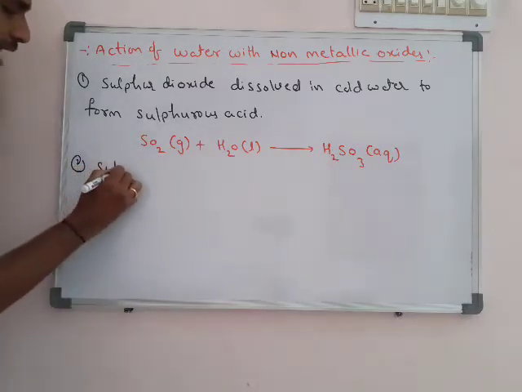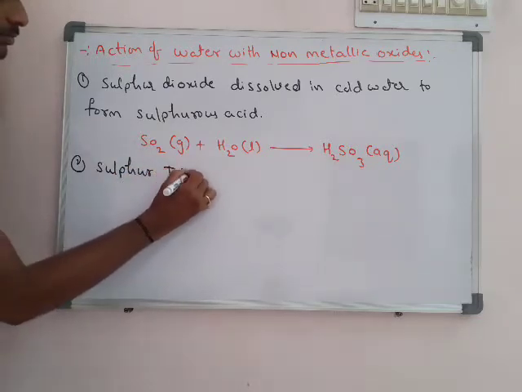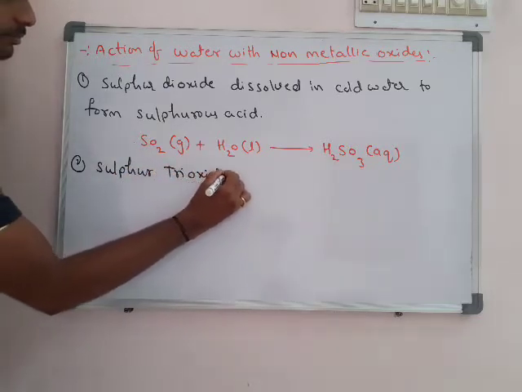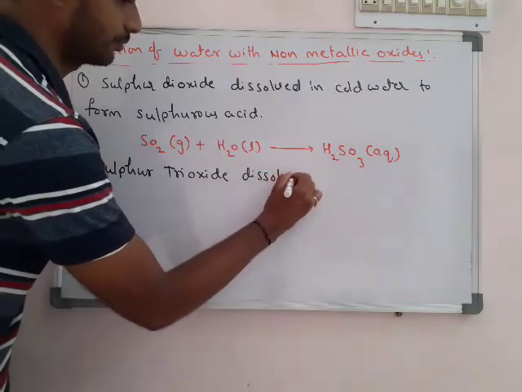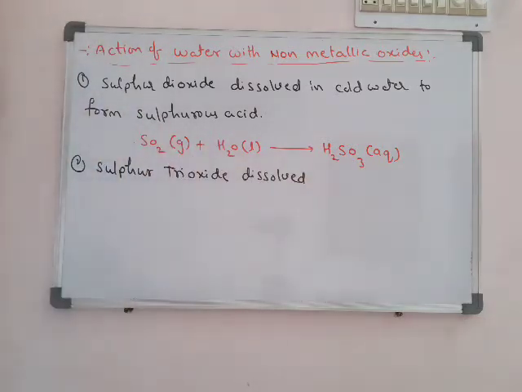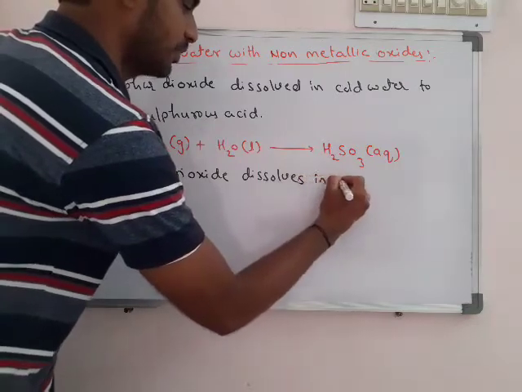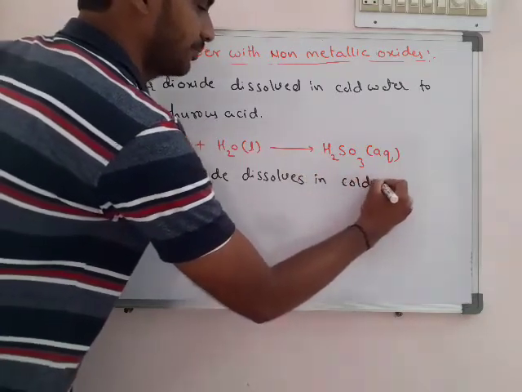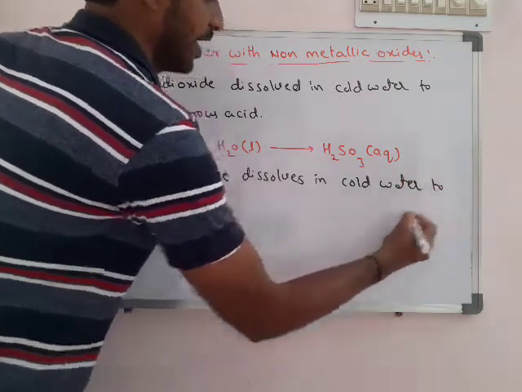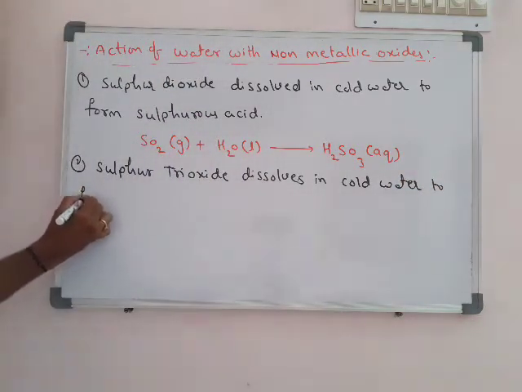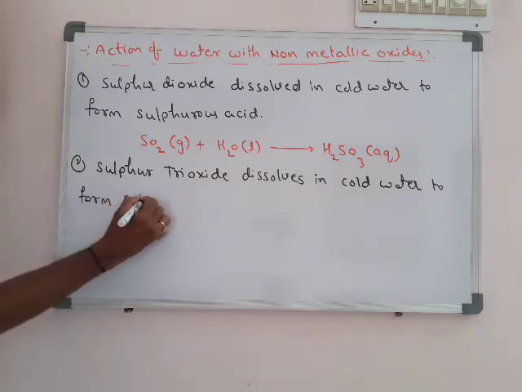So sulphur trioxide dissolves in cold water and forms sulfuric acid.